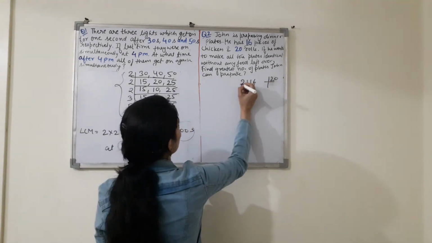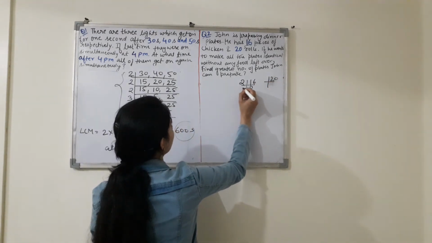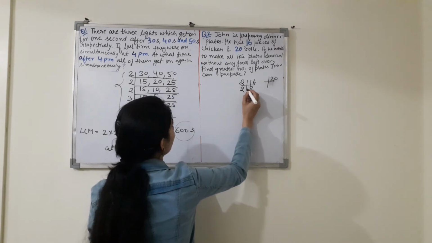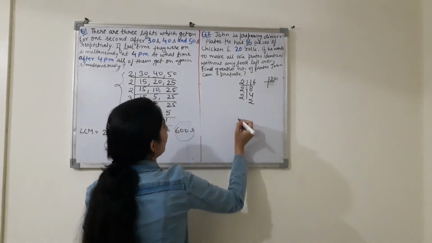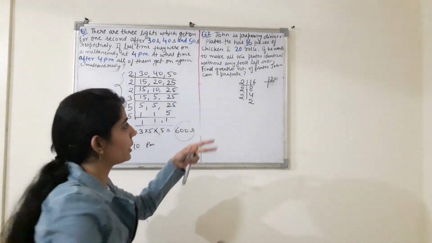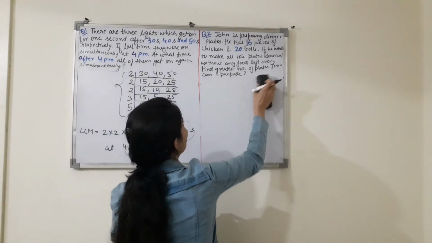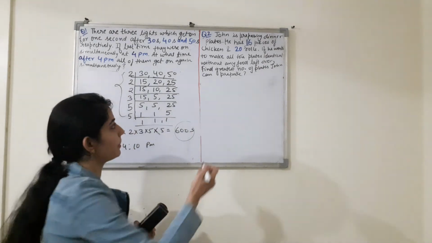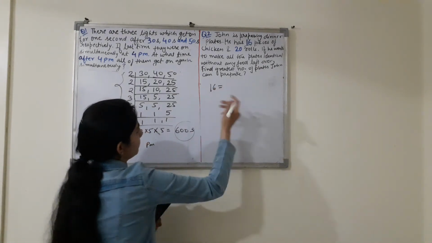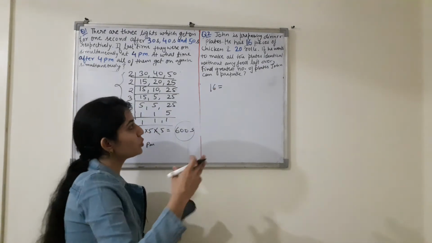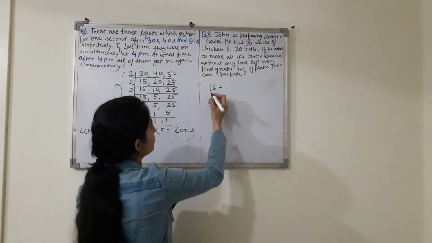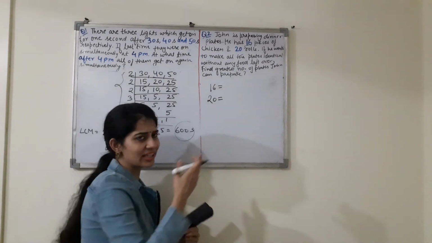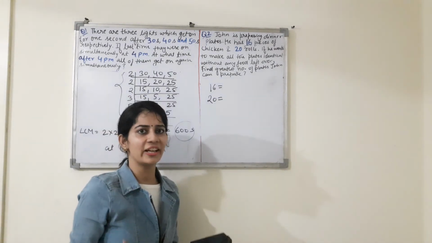So this is your 2 times 8, then again 2 times 4, this is your 2 times 2, or these are the very smallest numbers. You can simply find it by listing method. So I am doing here by listing method. Because it will take time, you just think how you can save your time also, right? So these two numbers are 16 and 20. These are the smallest numbers, so we can easily find the factors.